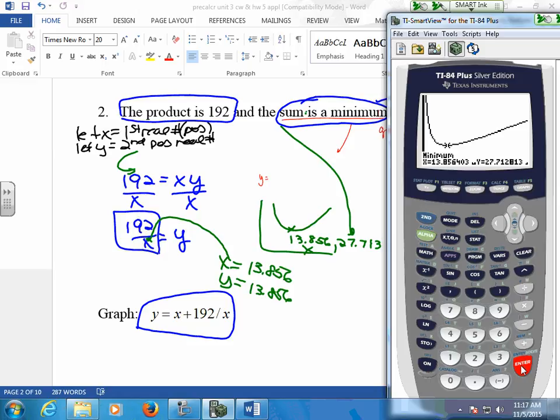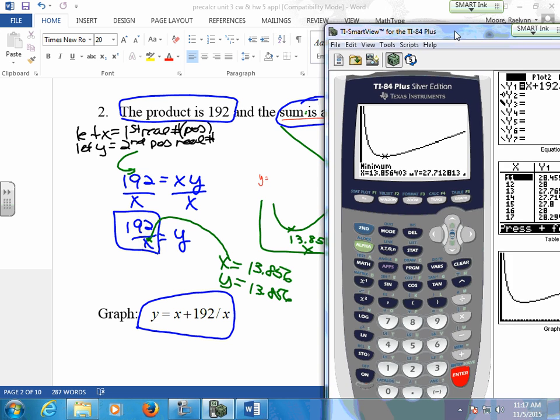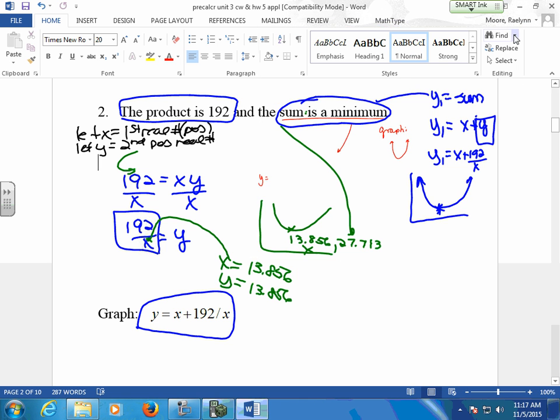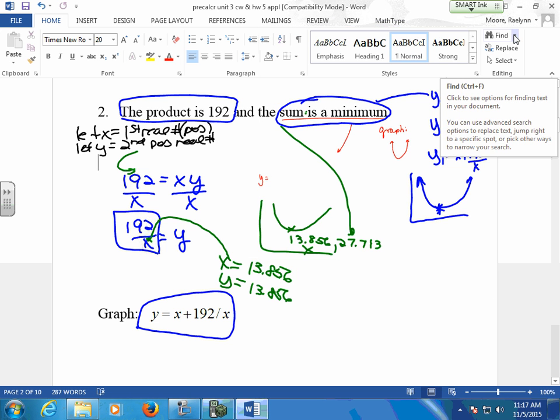All right. Now, a number of ways to do that too is, don't forget, make sense out of your numbers. If you have two numbers that give you a product of 192, 10 times 10 is 100. That's close.